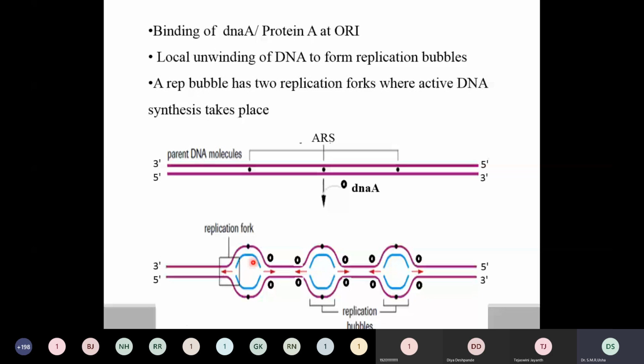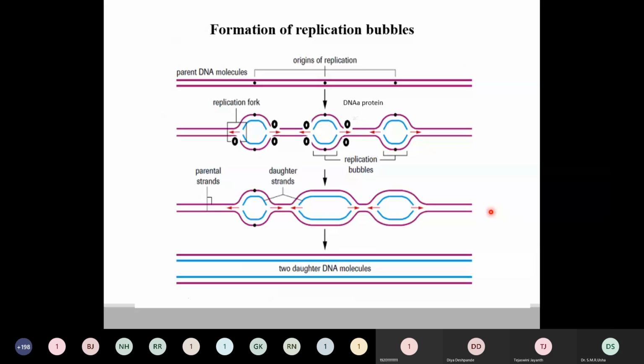So as the daughter DNA is synthesized, all the replication bubbles will unite till the entire genome is replicated. The end result is the formation of two daughter DNA molecules. The purple is the parental DNA and the blue is the daughter DNA molecule.